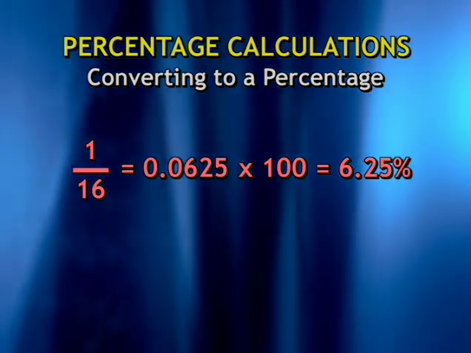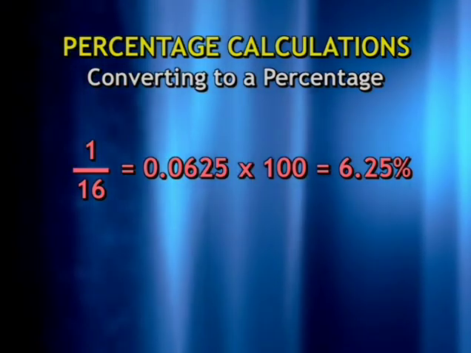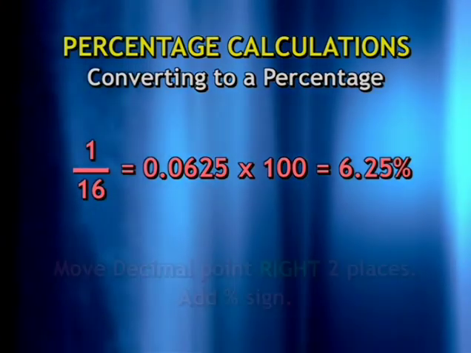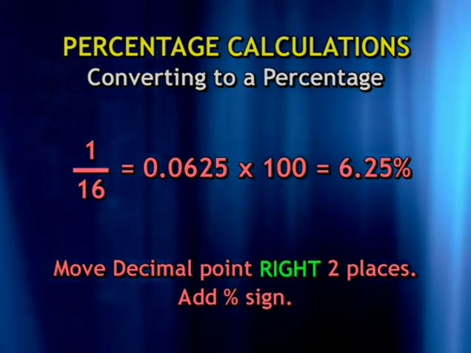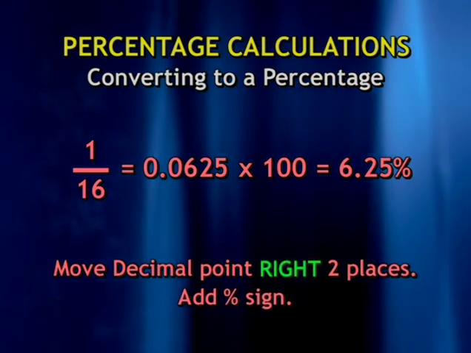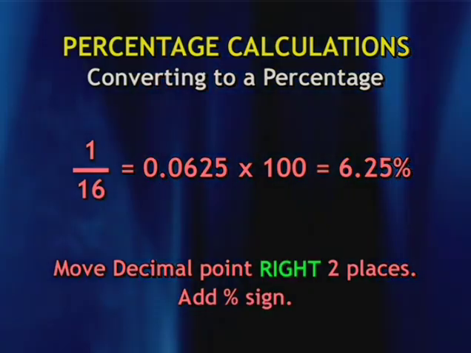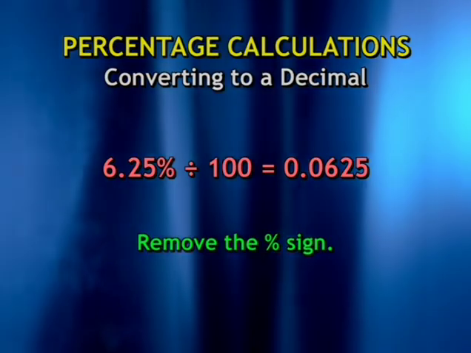This times 100% equals 6.25%. Notice that a percentage can have decimal places in it. Also, moving the decimal 2 places to the right is the same as multiplying by 100. To convert a percentage back to a decimal fraction, divide by 100 and remove the percent sign.